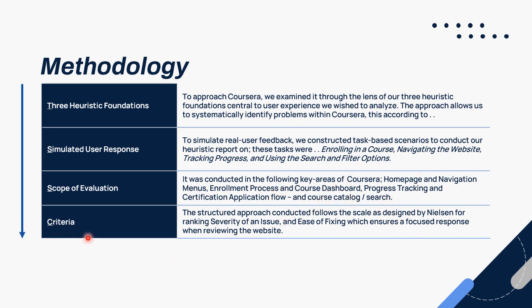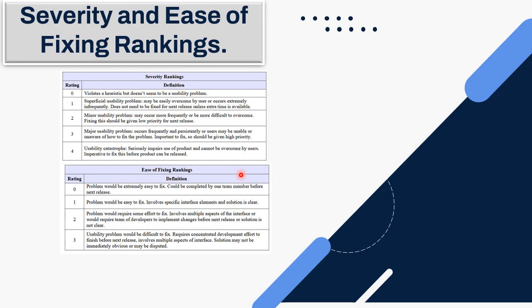For the criteria, the structured approach conducted follows the scale as designed by Nielsen for ranking severity of an issue, and ease of fixing, which ensures a focused response when reviewing the website. Here we have the diagrams for severity rankings and ease of fixing rankings, with 4 being a usability catastrophe, which seriously impairs use of the product and cannot be overcome by users.